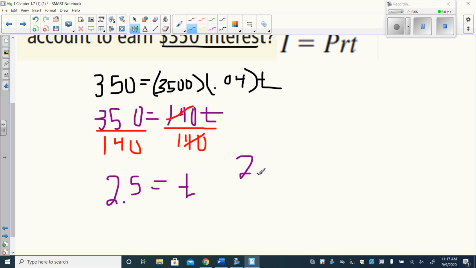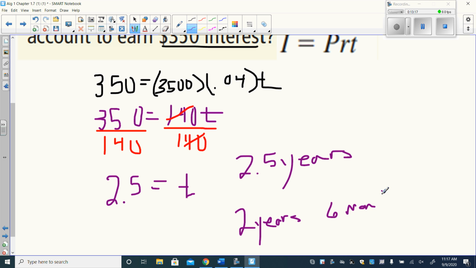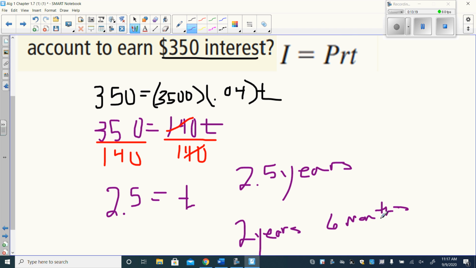And again, we're talking about 2.5 years, or 2 years and 6 months is how long it'll take at 4% to earn $350 in interest. And that's all we have to do for this problem. So we're just kind of plugging the numbers in and solving for what we don't know.